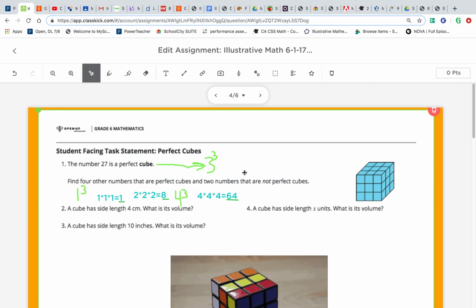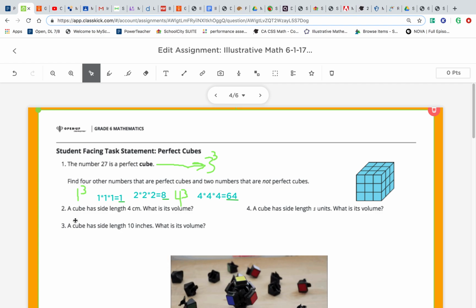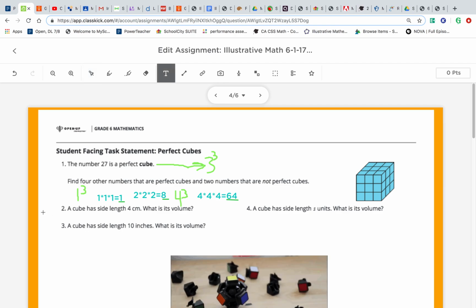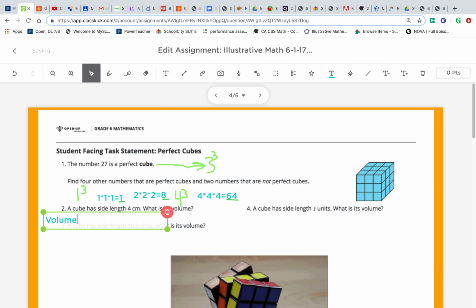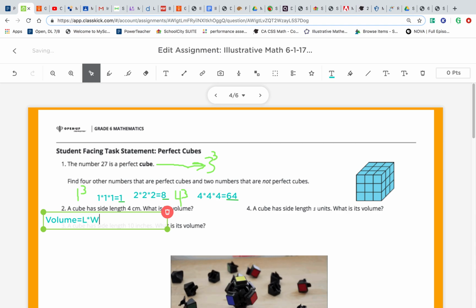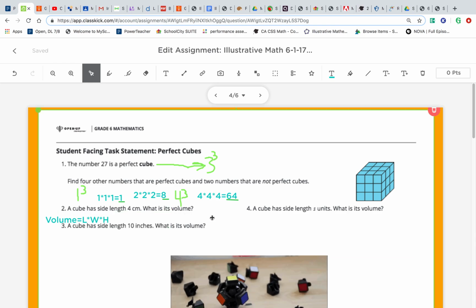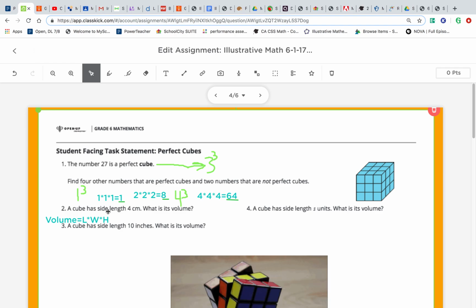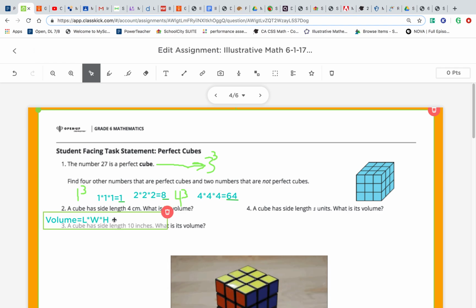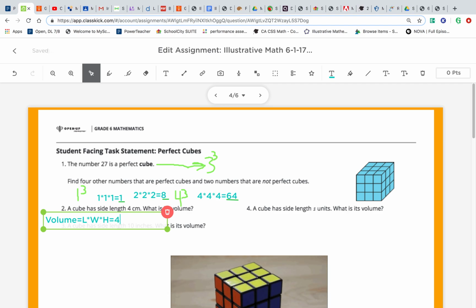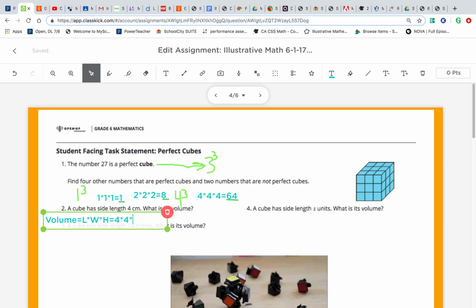Let's look at number 2. It says a cube has side length 4 centimeters. What is its volume? You should remember from the last slide that volume equals length times width times height. If it's a cube, then all of these are the same. So in this case, it's going to be 4 times 4 times 4.